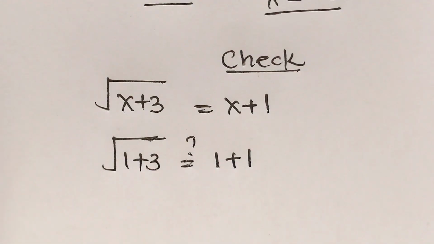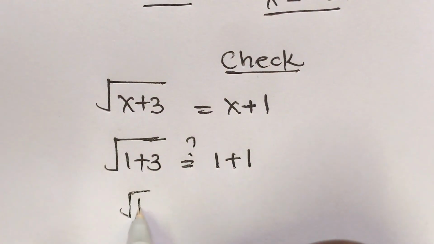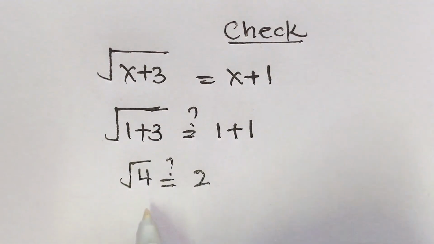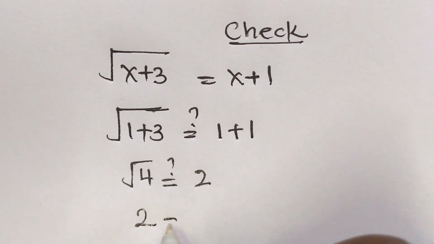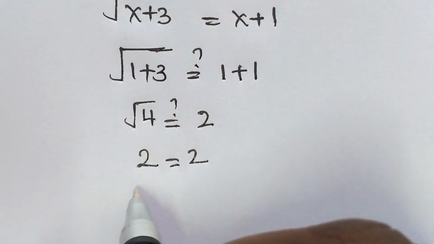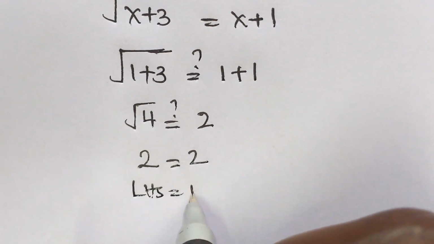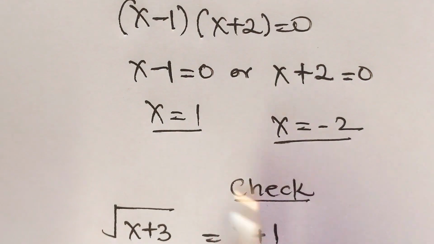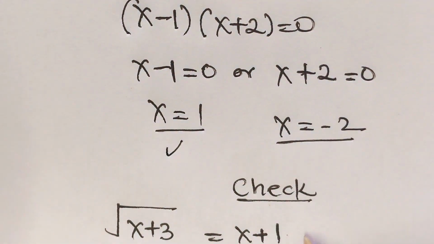Square root of 4 equals 2? Square root of 4 is equal to 2, which is equal to 2. Then the left hand side equals the right hand side, meaning this value of x is correct.